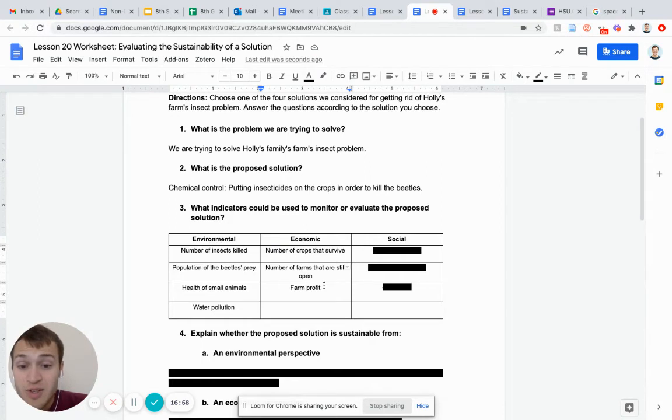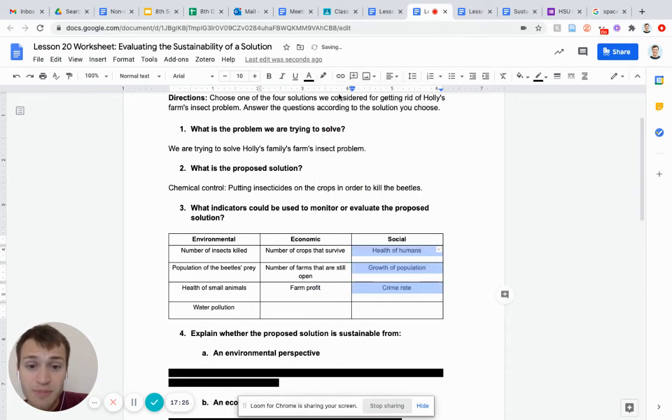Second one is number of farms that are still open. If farms don't use pesticides, or if the pesticides don't work, farmers might have to just relocate their farms, move somewhere else. So if the farms are still open, then we know that people are staying because their farms are recovering. And lastly is farm profit. So, how much money are we making? All three of those things would prove that we're helping the economy.